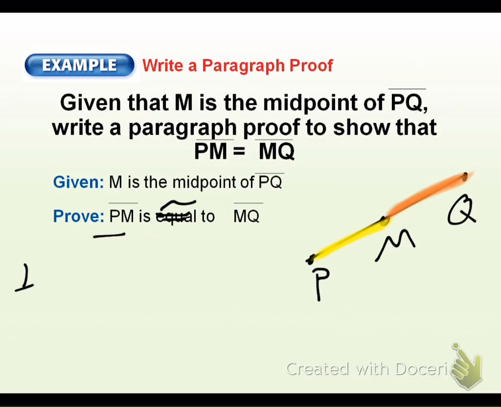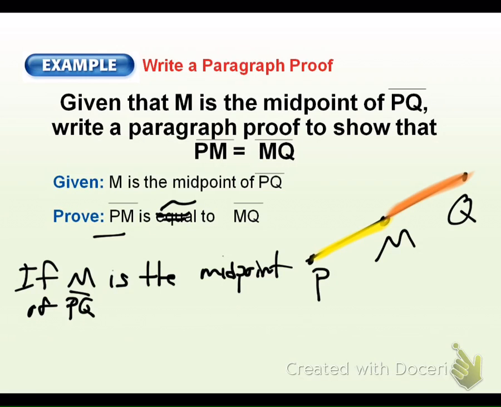So I could say, if M is the midpoint, remember I'm going to state what's given to me. If M is the midpoint of PQ, then what? What's a logical argument I could make and back it up with a reason? PM congruent to MQ, by what? 2.1.